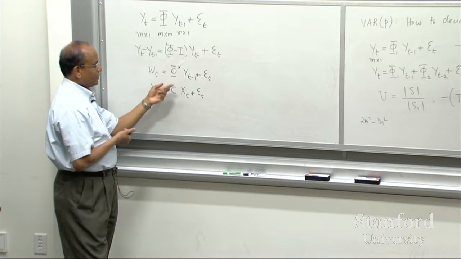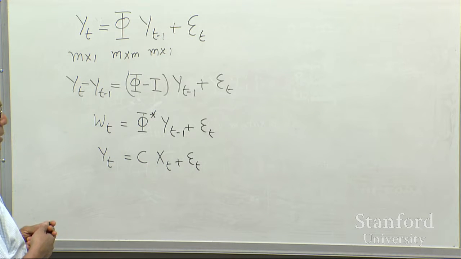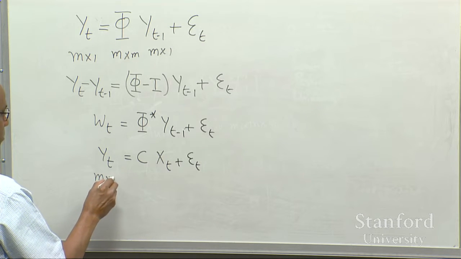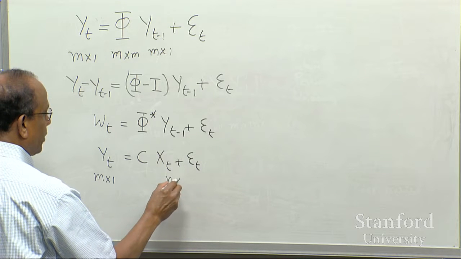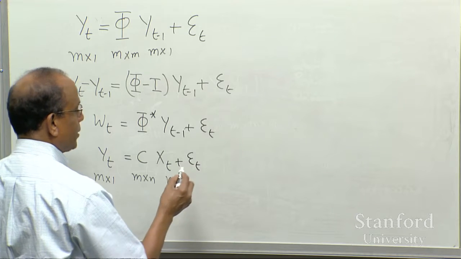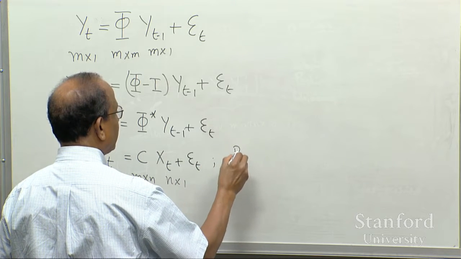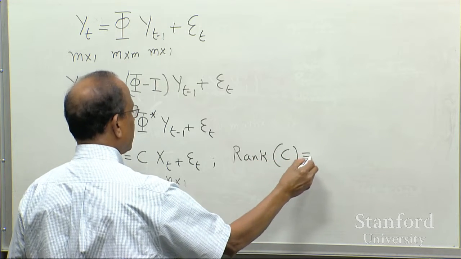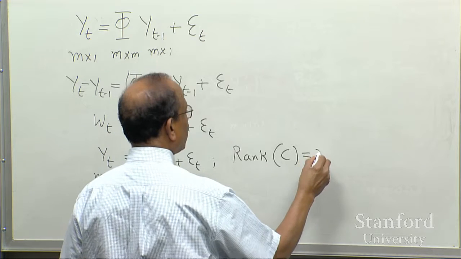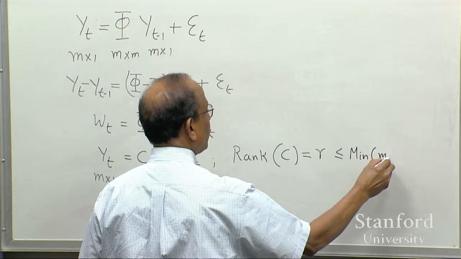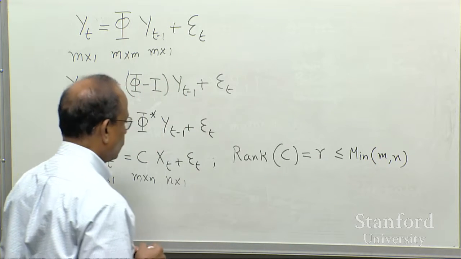If that is the case, there are some nice features that come up that you can use. Let me just write this here for illustration. Say this is m by 1, this is n by 1, this is m by n. So essentially what we are saying is that the rank of this C matrix is not full rank, it is going to be R, which is less than the minimum of m and n.